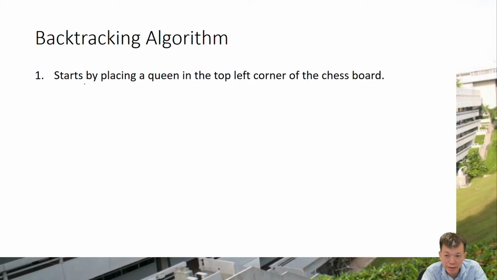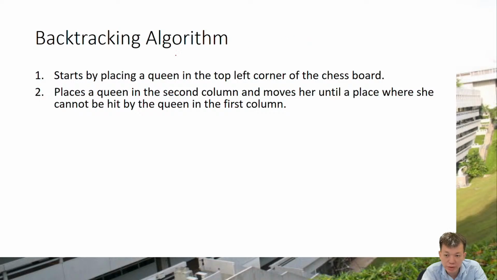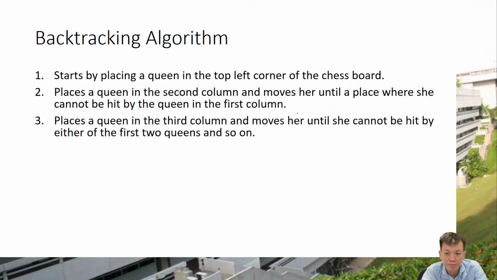We still start by placing a queen at the top left corner of the chessboard. Then you try to place a queen in the second column and move her until a place where she cannot be hit by the queen in front, in the first column.